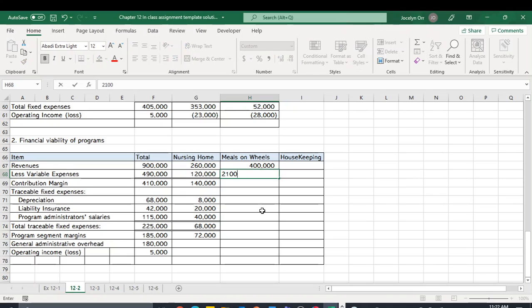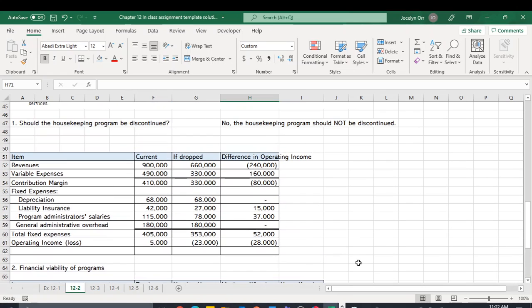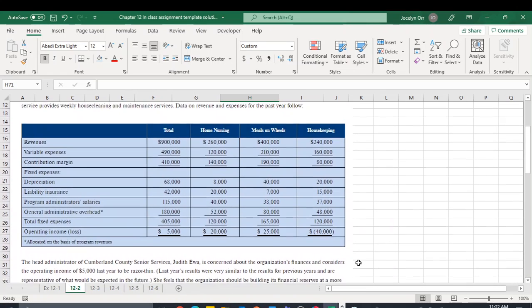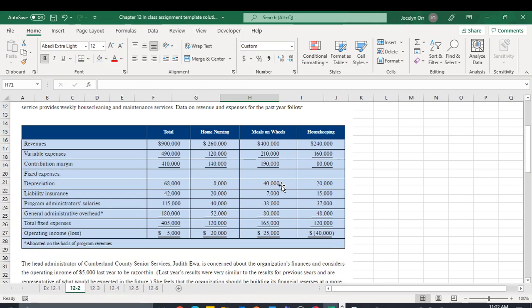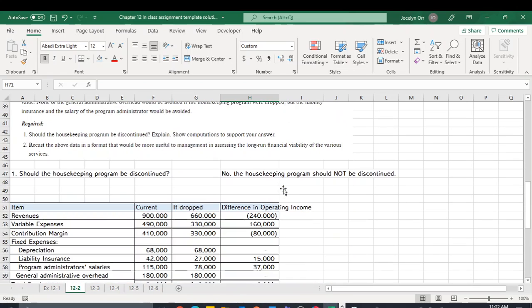$400,000, $210,000 for our variable. To get our contribution margin. Our depreciation is $40,000.